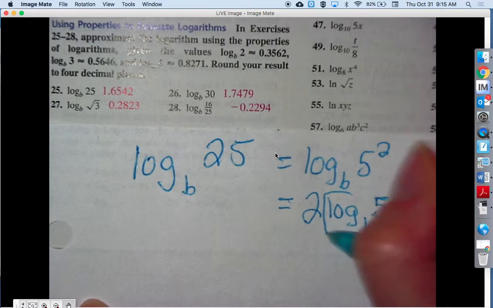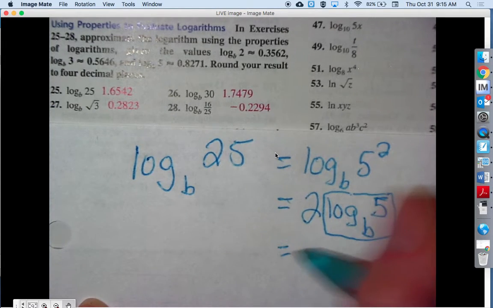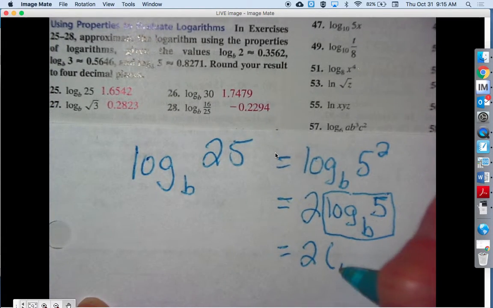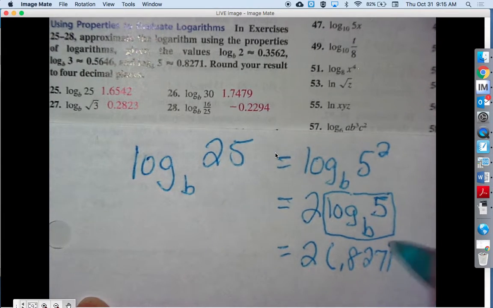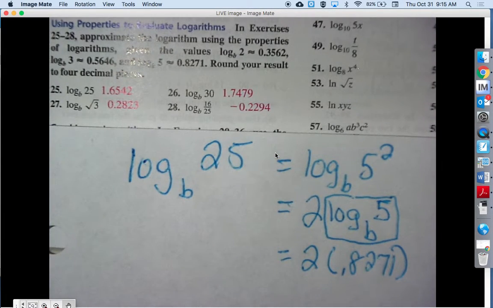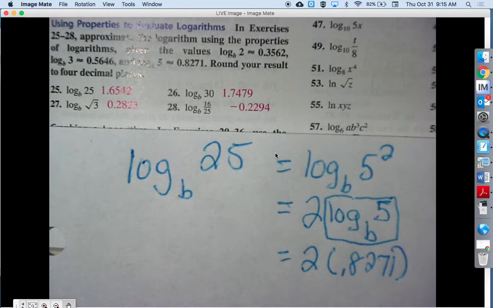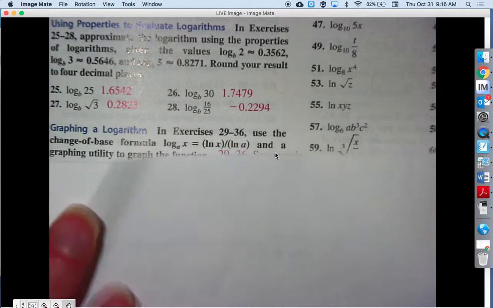So instead of keeping log base B of 5 in the problem, you can't see this because of the glare, but it says that the log base B of 5 is 0.2871. Yeah, that makes sense. So you multiply the value they give you for the log base B of 5 times 2, and you get 1.6542. So you're using a property, and then instead of using the calculator, numbers are already given to you, so you're just replacing it.